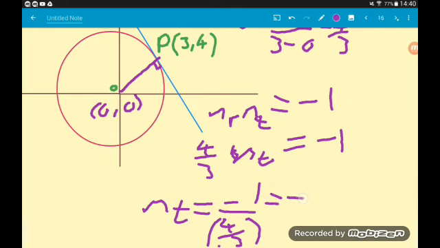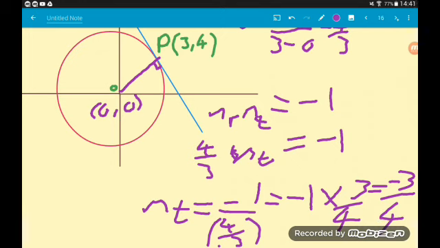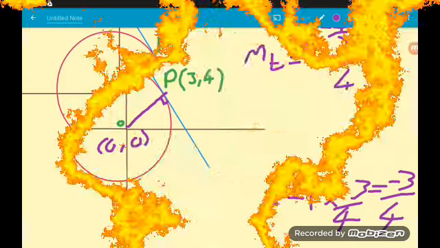So this is minus 1 times 3 quarters, which gives us minus 3 quarters. So getting the gradient of the tangent is our first really big stepping stone towards getting the equation of Mr. Tangent. So I'll clear this up and we'll do the next step.